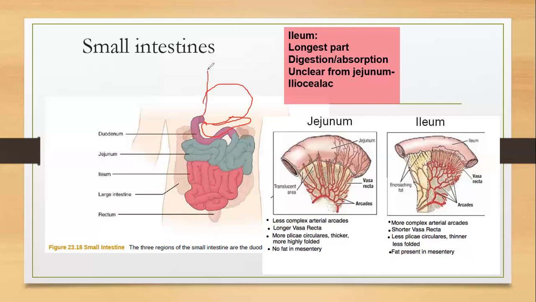And by the way, whenever you think of the stomach, it's a J shape, so it has a small curvature on one side, which we call the lesser curvature, and we have the large curvature on the other side. So whenever you draw the stomach, always remember to draw those 2 curvatures. So the duodenum is in contact with the pancreas and the stomach.